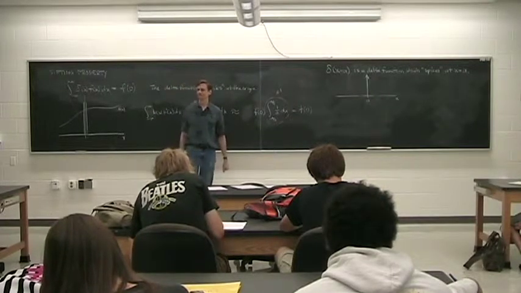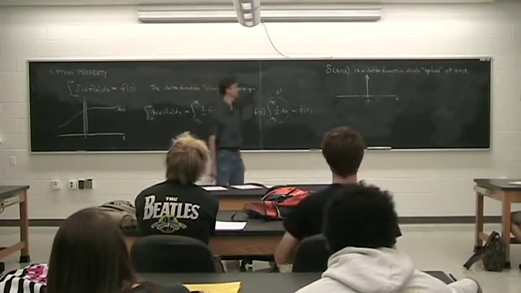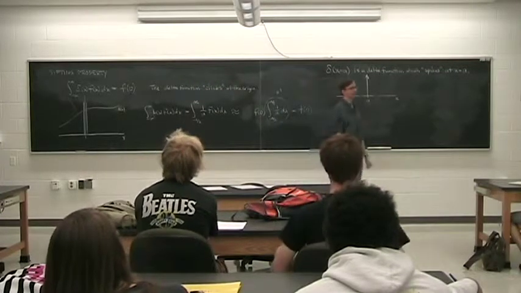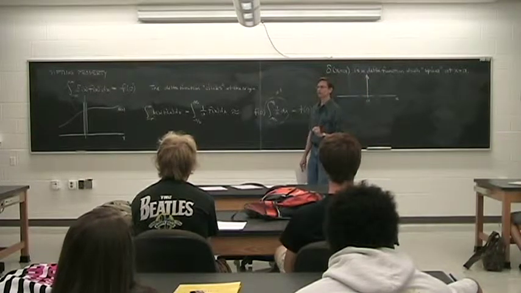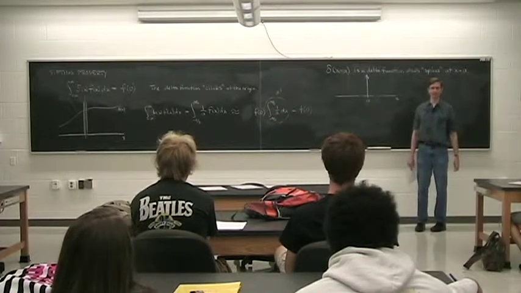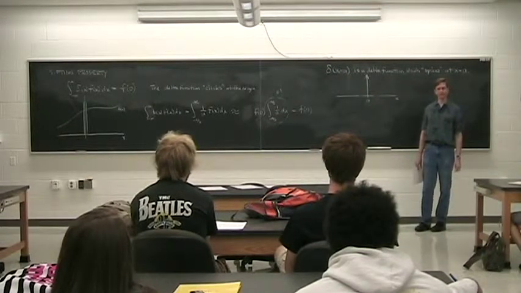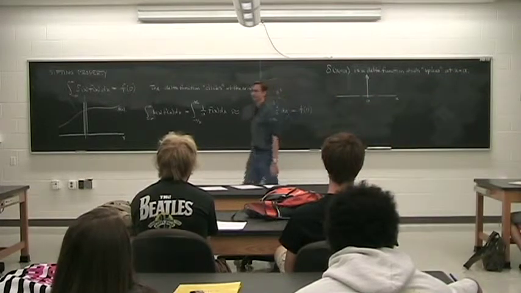Because when x equals a, you get 0 in the argument. Right, exactly. The delta function is defined so that it spikes when its argument is equal to 0. So the argument of delta of x minus a is equal to 0 when x is equal to a, and that's why it peaks at x equals a.